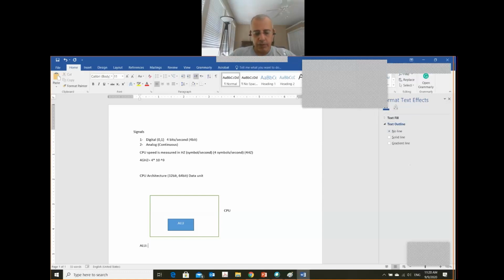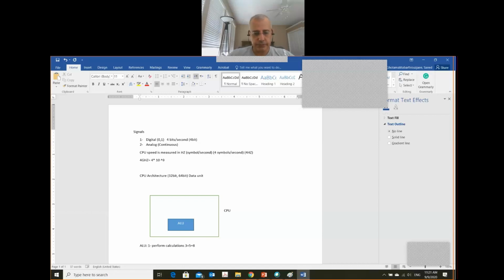It can perform regular calculations, like 3 plus 5 equals 8. It receives data like 3 and 5, as well as instructions like plus and equals. These are the operators, and then it performs this calculation. This is one of the features of the ALU.